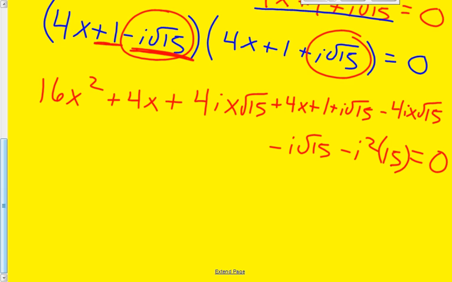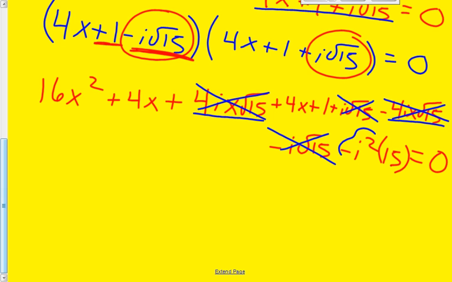All right, let's see if this mess clears up at all. We have 4ix square root 15 and a negative 4ix square root 15, which makes 0ix square root 15. You're gone. We have a positive i square root 15 and a negative i square root 15, which makes 0i square root 15. Those are gone. A negative i squared: well, i squared is the same thing as negative 1, so it's a negative, negative 1, which makes a positive 1 times 15.